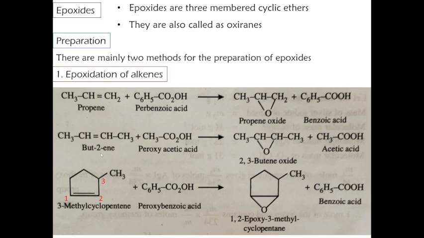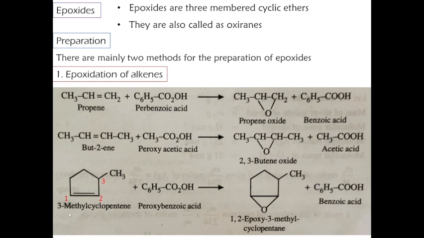If you take another example, butene, CH3, CH double bond CH, CH3, the epoxide forms only at the carbon-carbon double bond. Here we have used peroxyacetic acid, CH3, C double bond O, OOH. Then we are getting CH3, CH, CH, O, CH3. This is 2,3 butene oxide, and then acetic acid.